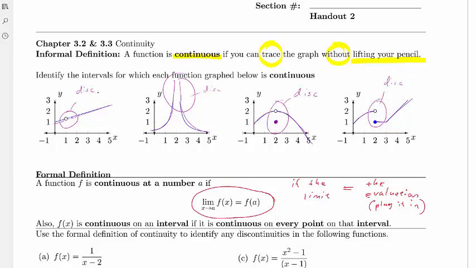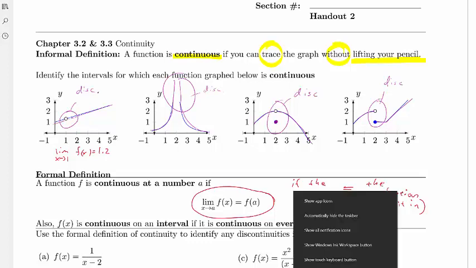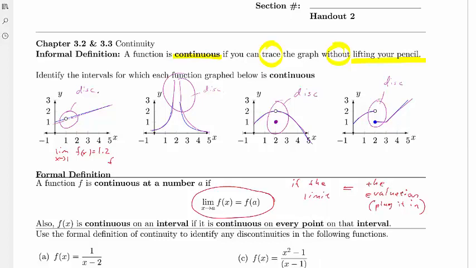So let's go back to the initial examples up top. Note that if I took the limit as x approaches 1, then I get 1.2. But our function, if I evaluate at that point, is undefined, right?